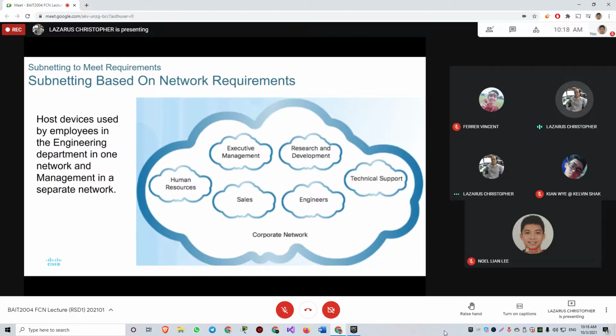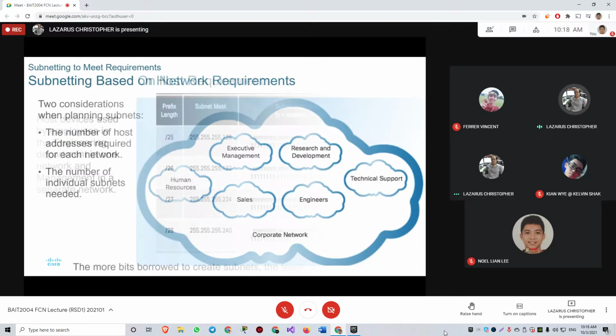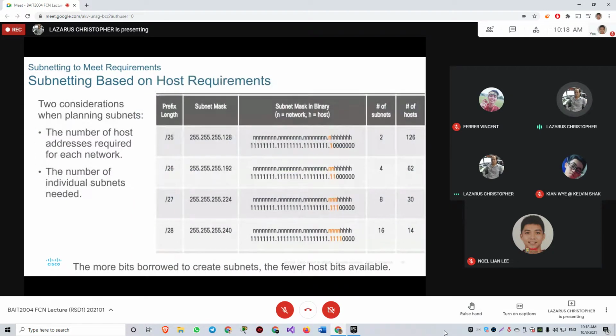Recall that the different prefix number will actually control the number of hosts available, because the more bits you borrow to create subnets, the fewer host bits are available, right? So when you have different host requirements per subnet, you can control that by playing with the number of bits you borrow.